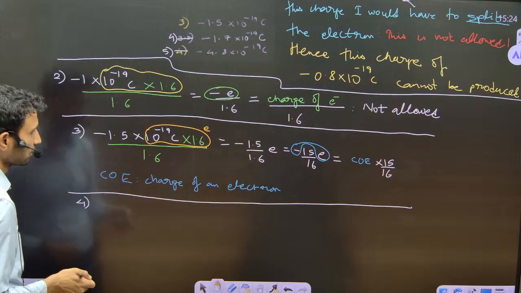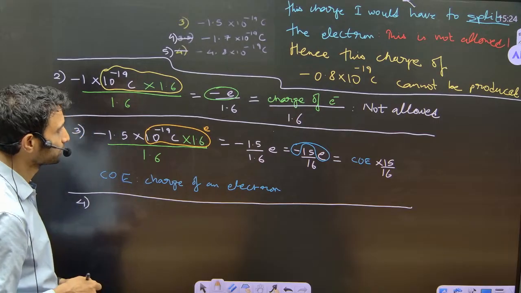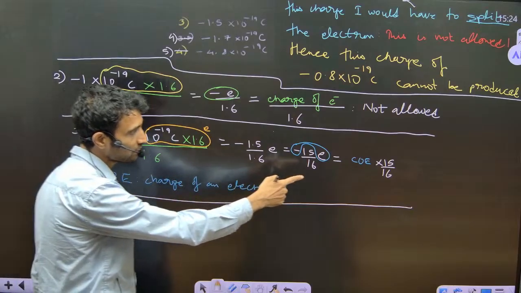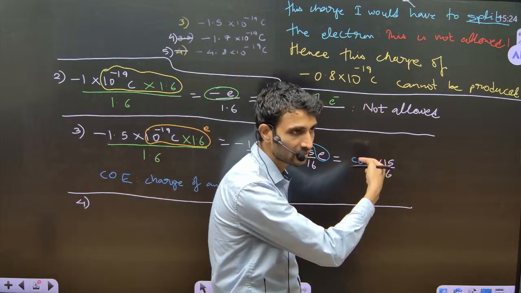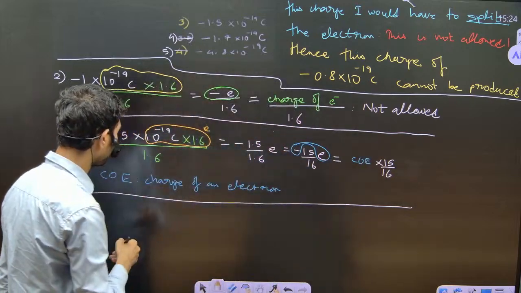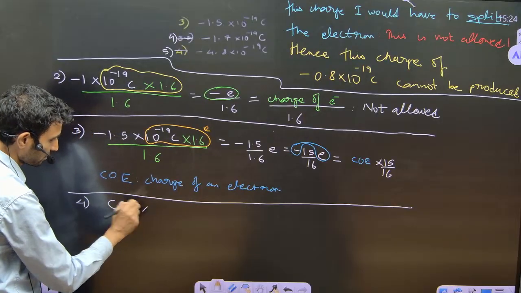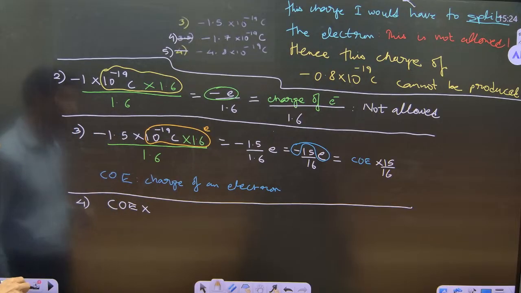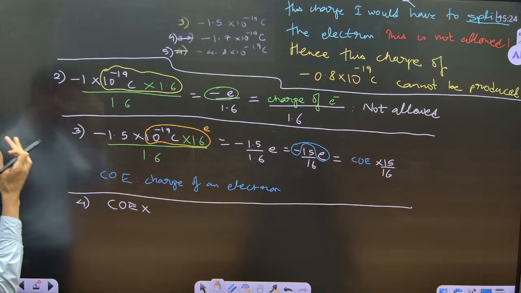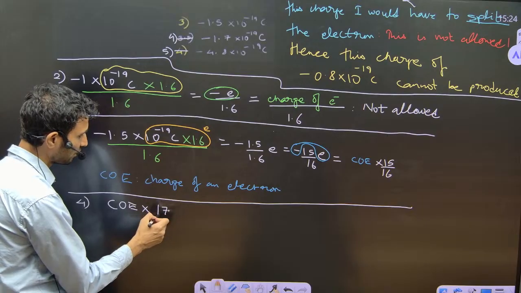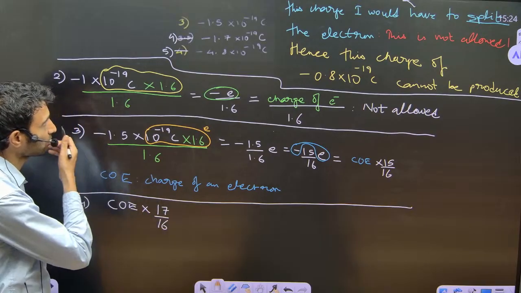So tell me the fourth part. Minus 1.7. I hope you can see the way we achieved COE into 15 by 16. What will be achieved for the fourth part? It will be COE into how much? 17 by 16. Can you all see that? It will turn out to be 17 by 16.